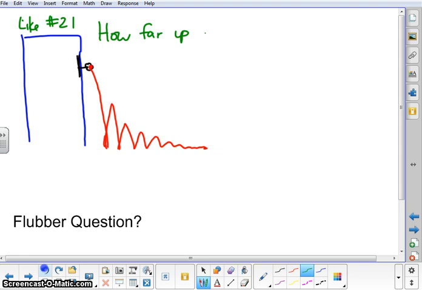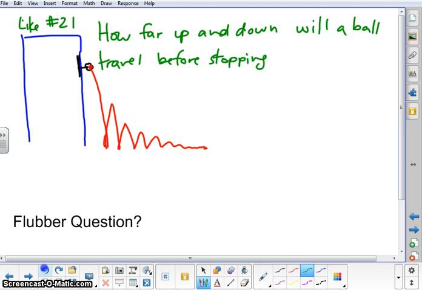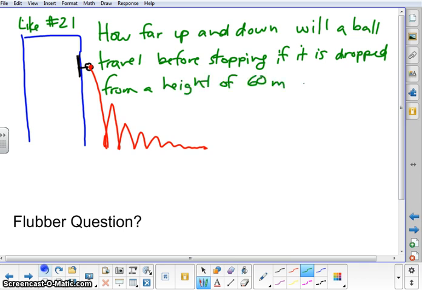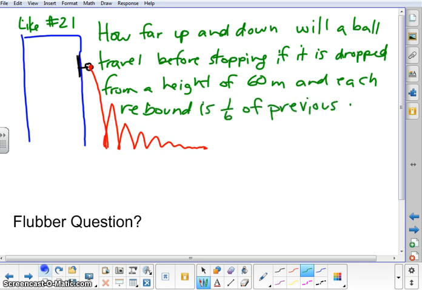How far up and down will a ball travel before stopping if it is dropped from a height of 60 meters, and each rebound is 1/6 of the previous distance.